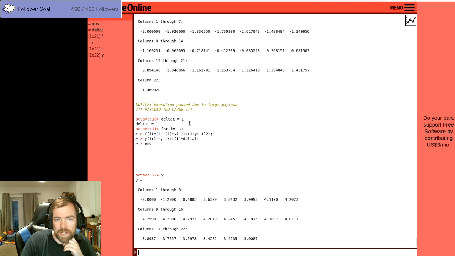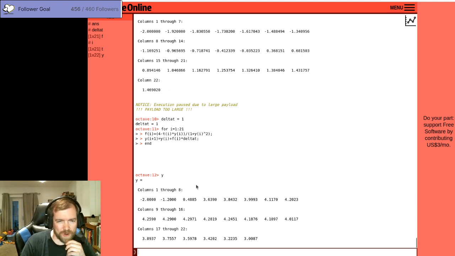So instead we get 1 comma -1.2. It's really far off. And then 2 comma 0.488. In the last set we had 2 comma 1.469. So yeah, it's way off.